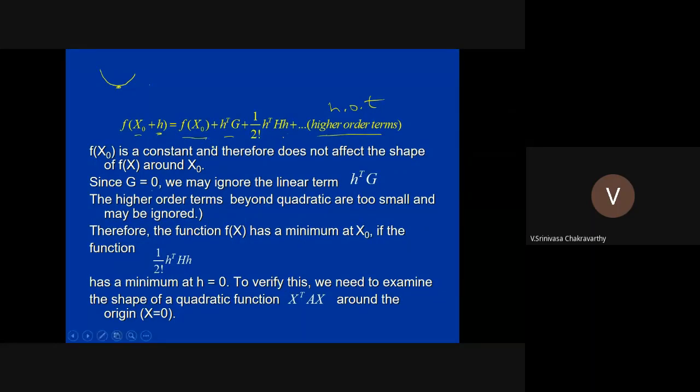The constant term doesn't matter, because whether this function is at the ground level or way up above, if it is a minimum, it is still a minimum. So finally, to find out if f has a minimum or a maximum at x naught, it is enough to understand this function. If this function has a minimum at h equal to 0, then the original function will have a minimum at x naught.